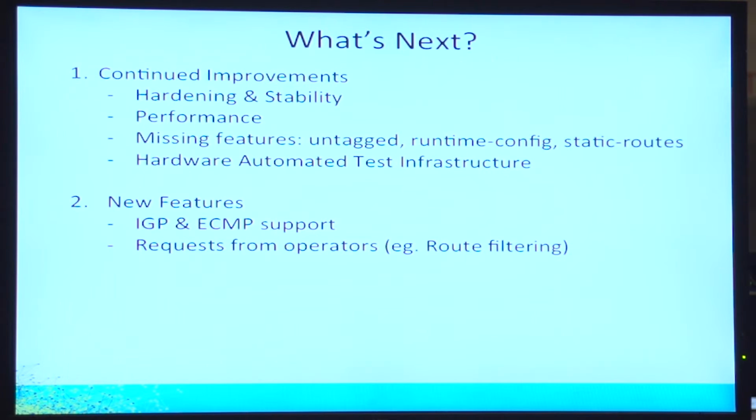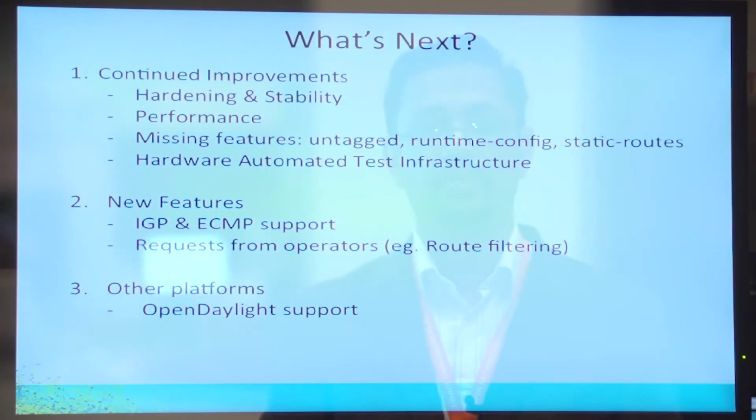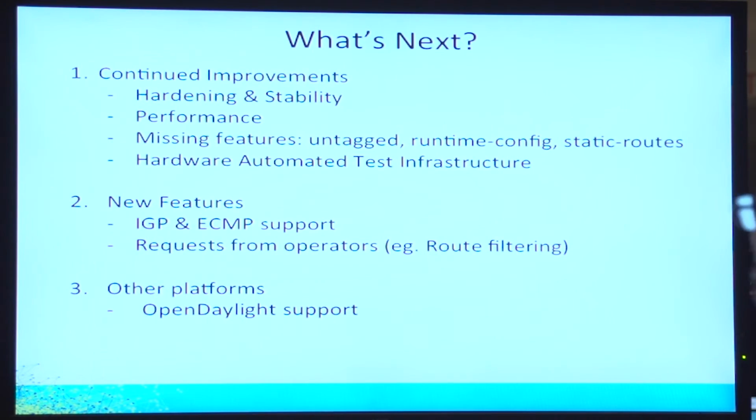And also special requests that come from operators. For example, one operator would like to do route filtering in the BGP implementation on the controller before the routes are actually pushed down to the hardware. And finally, we are also looking at expanding this Atrium implementation on other controller platforms like the OpenDaylight platform.